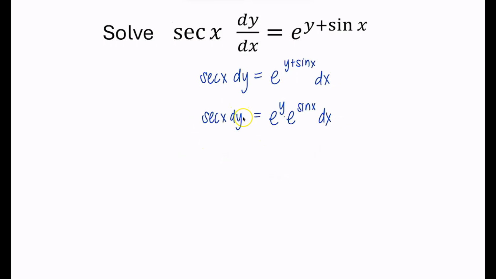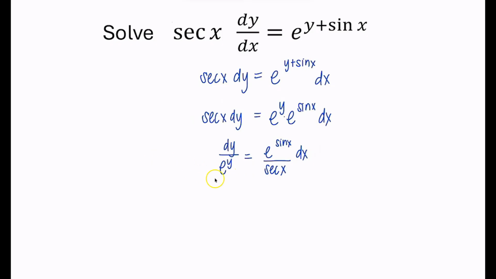So on the left, I'm going to leave my dy and divide by e to the y. So I'll have dy divided by e to the y. And then I'm going to leave e to the sine x dx, and I'm going to divide by secant x on both sides. So we divided by e to the y, we divided by secant x, so I have all my y's on one side and all my x's on the other side.